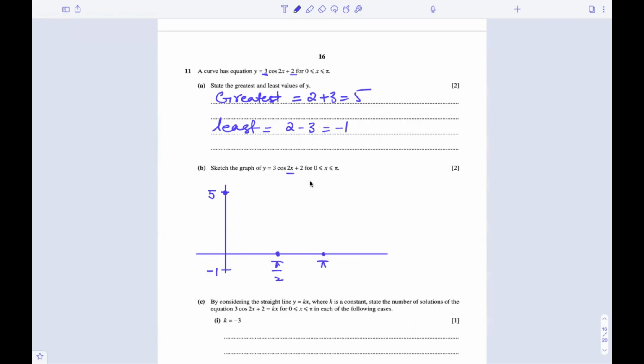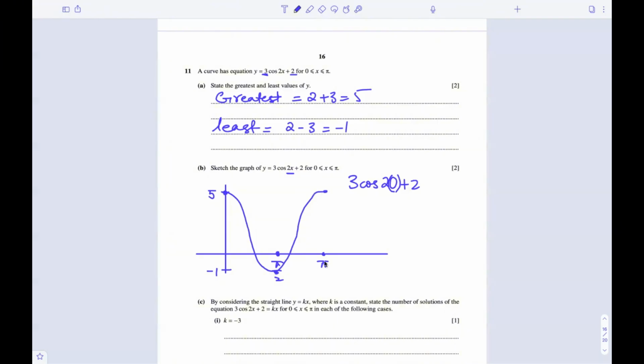An easier way to construct graphs is you can just simply substitute values of 0, pi upon 2 and pi into the equation. So substituting 0 into the equation, we get 3 cos 2 times 0 plus 2. So cos of 0 is 1, so the highest point is 5. When we substitute pi upon 2, we get -1, and when we substitute pi back again, we get 5. So we can make a graph, the cos graph, like this.